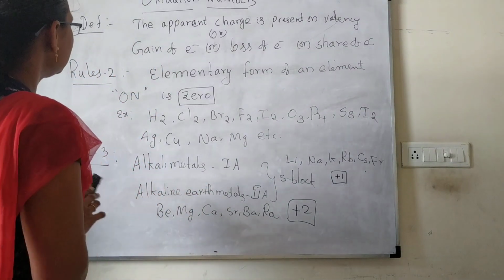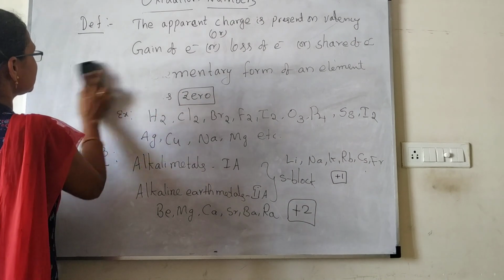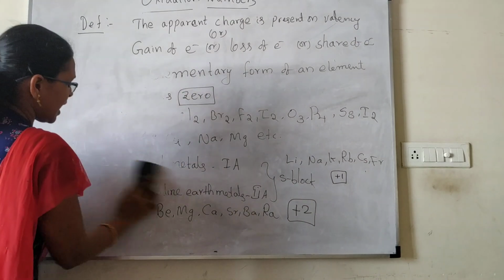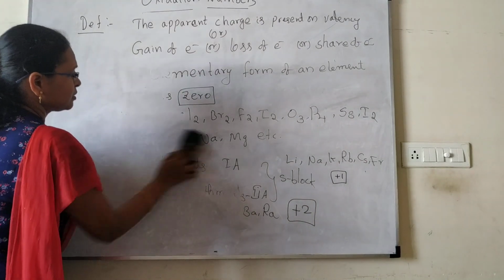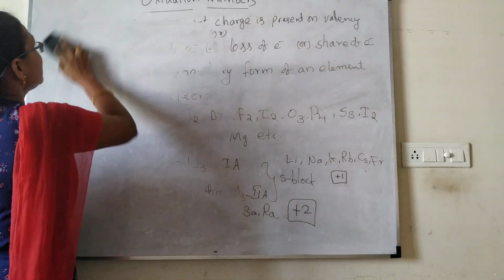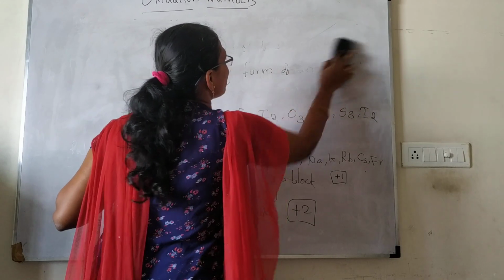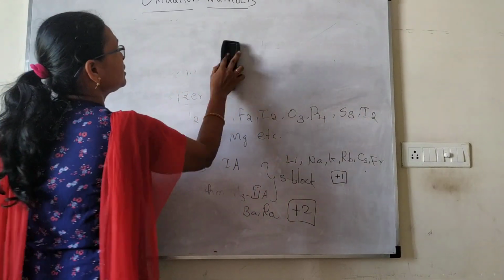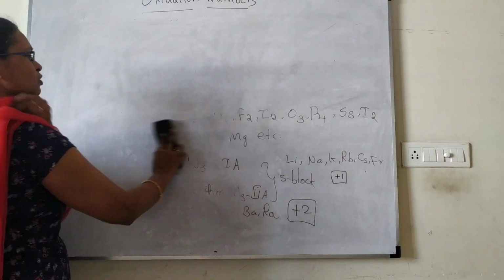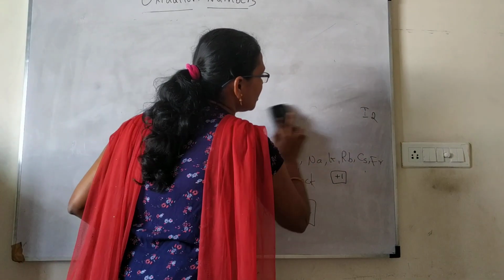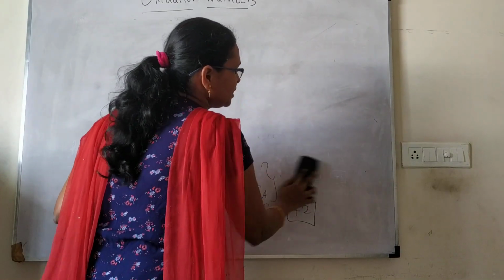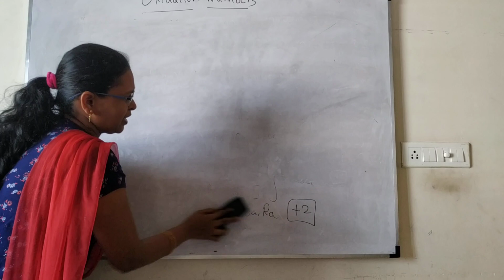Next we will go to the next rule. Next rule, usually the hydrogen oxidation number. Hydrogen has only one electron, so it has a 1s1 configuration. Because of that one electron, we consider hydrogen as a 1A group element.